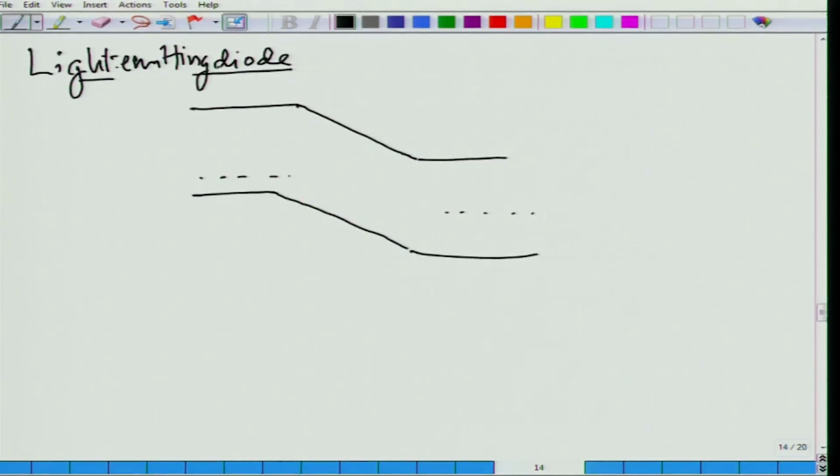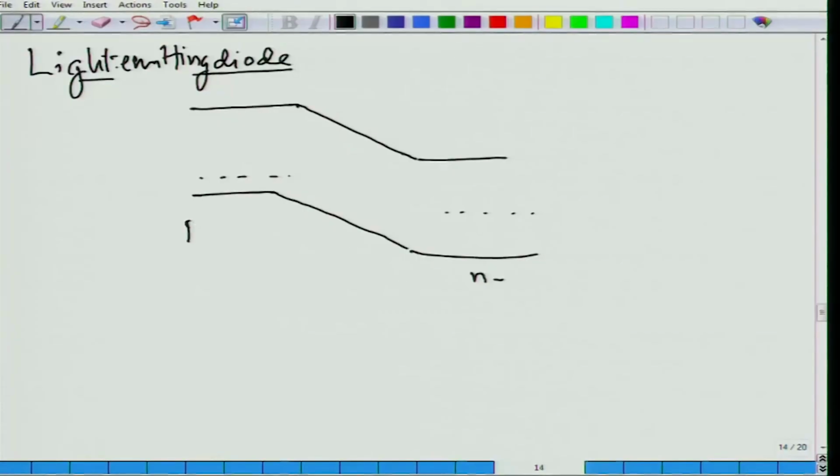Now, in the case of the forward bias, what is happening is diffusion of electrons from the n type to the p type and of holes from the p type to the n type. So, this is n type and this is p type, and electrons are moving up in this direction because of the forward bias applied, and holes are moving in this direction.